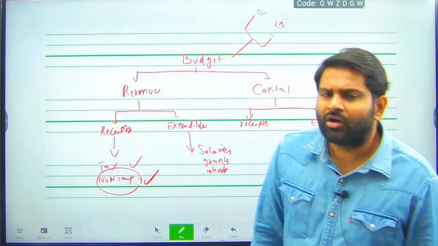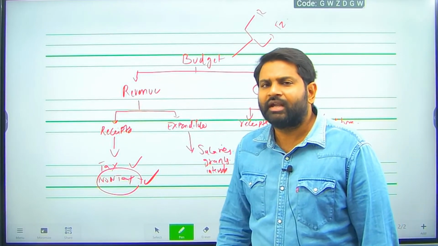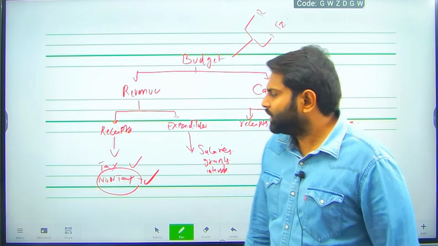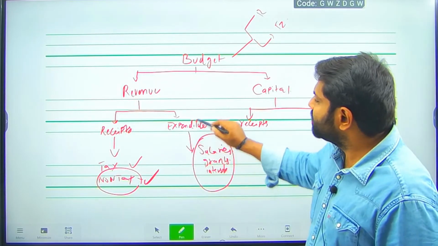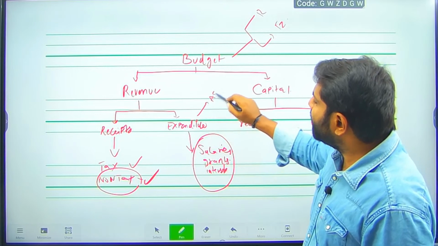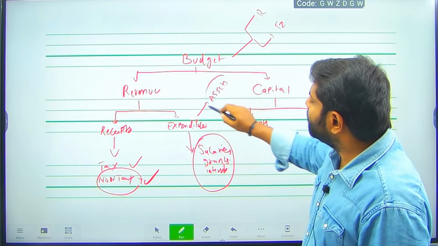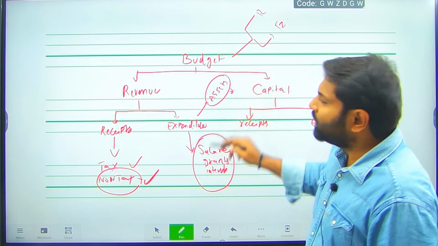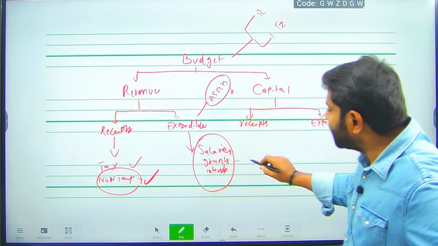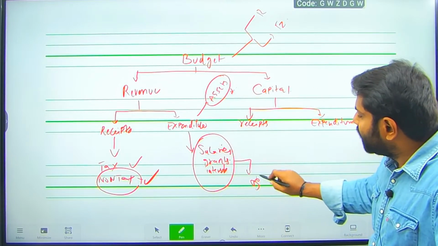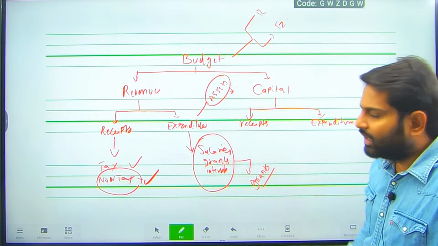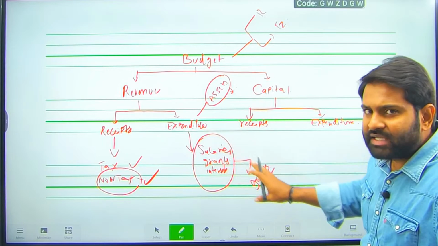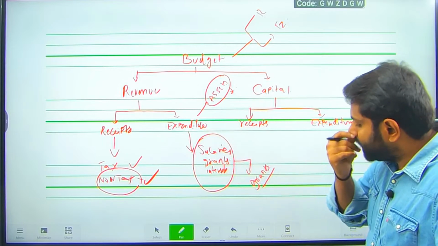For the payment of debt, if any interest is paid, that is part of revenue expenditure, which means it will not create any assets, even though it is giving grants. That is where I have to tell you one particular principle: if grants are given, that is also called revenue expenditure.